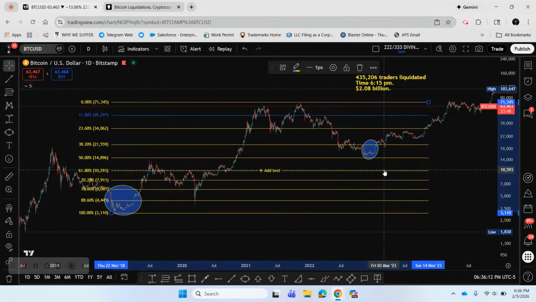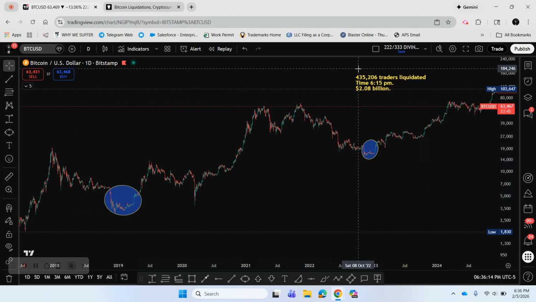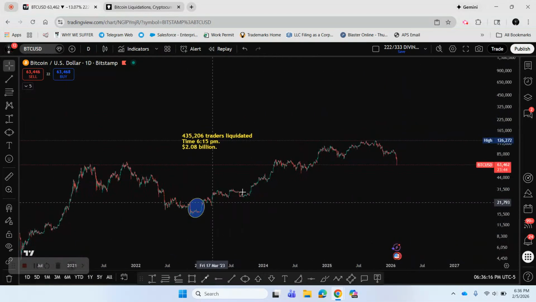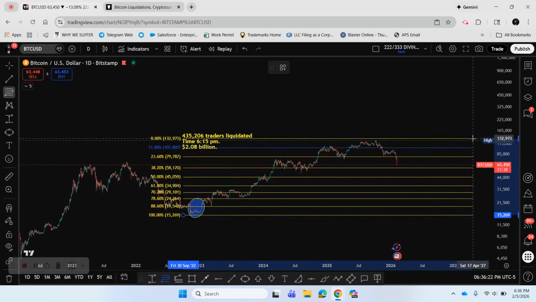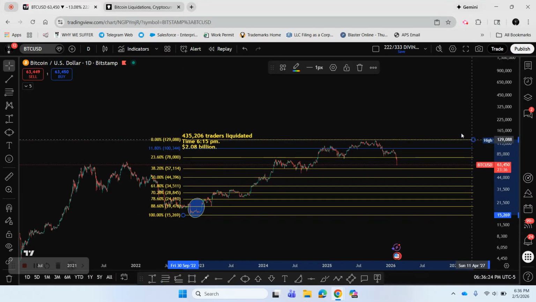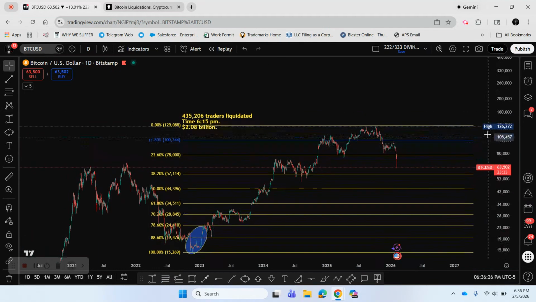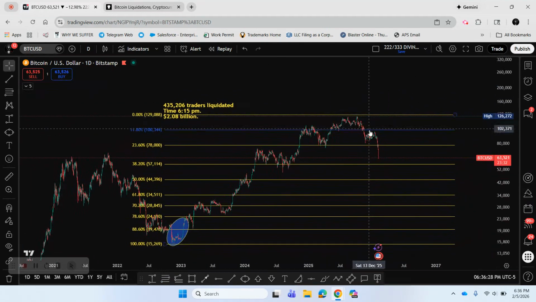Now that I have that, we want to do the same from here to here. And we want to see where we currently are. The other one was getting close to the 50%. Here's 50%. It's at 44,396. Now, I'm not trying to say that we gotta go to the 50% or get close to 50%.